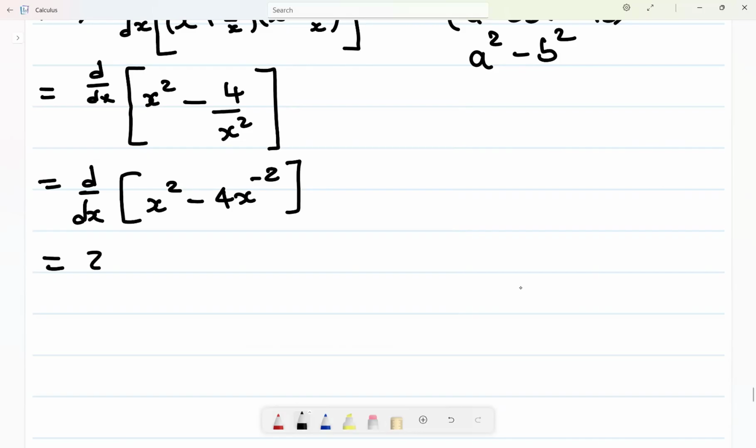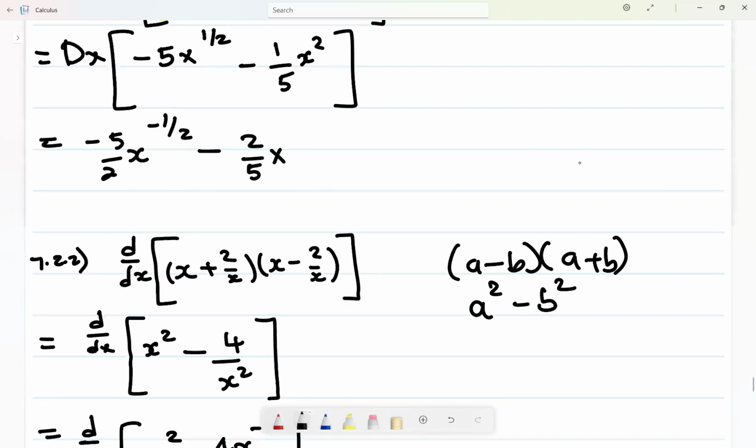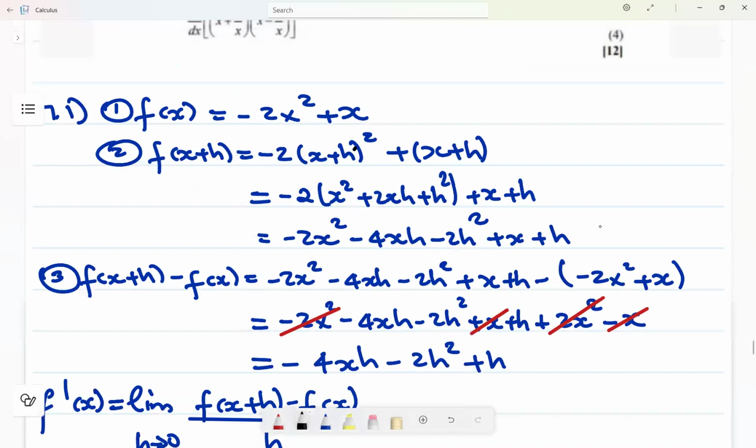When I simplify, this is going to be 2x. Can you see that 2 multiplied by 1, it is 2x. Then 2 minus 1, it is 1. Minus negative 4 multiplied by negative 2, it is plus 8x. Negative 2 minus 1, it is not 1. Negative 2 minus 1 is negative 3. Punch this on your calculator. Okay, yes. So this is basically that for differentiation.